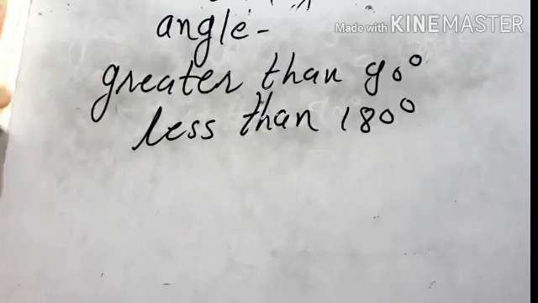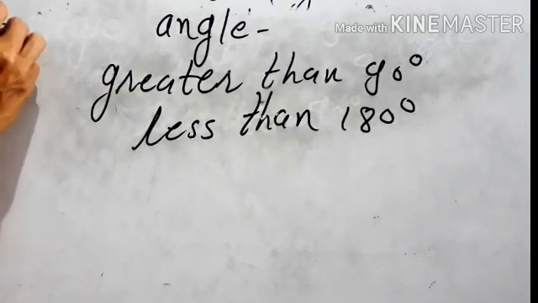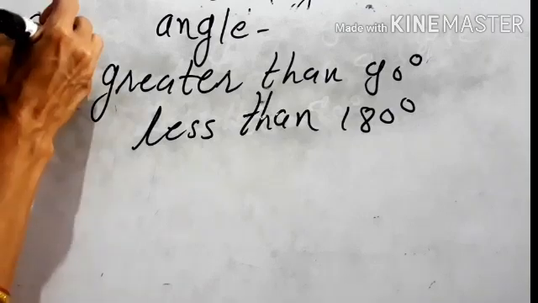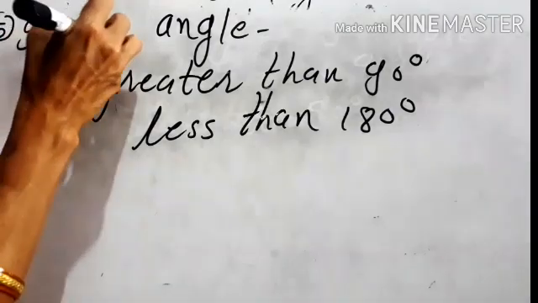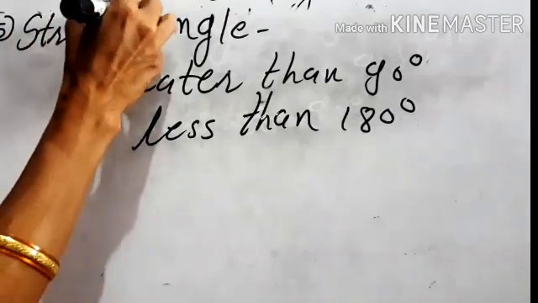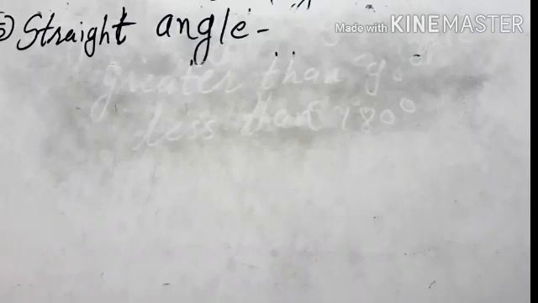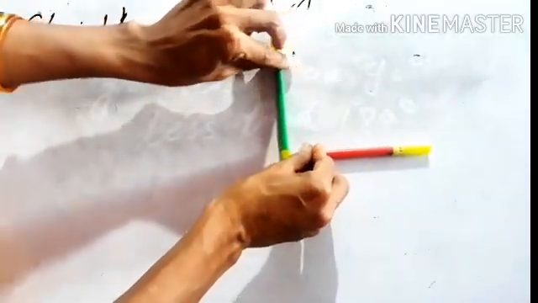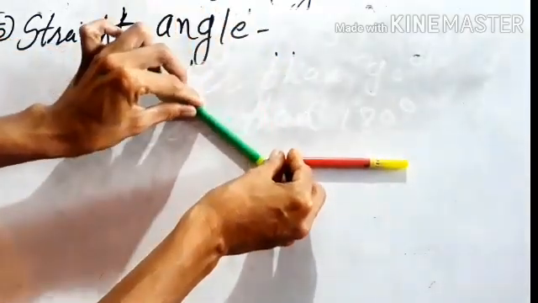Our fifth type is straight angle. After obtuse angle we are going to see straight angle. Now what is meant by straight angle? Straight means we say straight line. Suppose this was a right angle, then this obtuse.